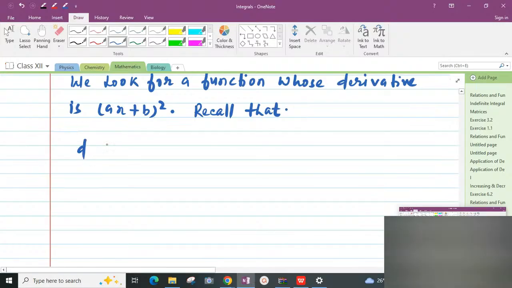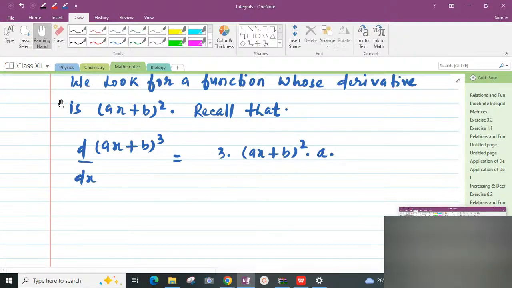d/dx of ax plus b whole to the power 3 equal to 3 into ax plus b whole to the power 2 into a.